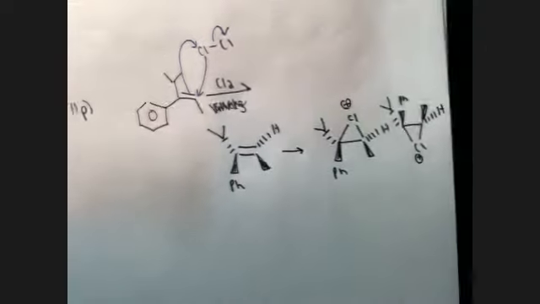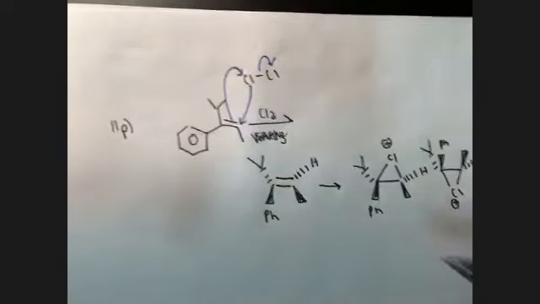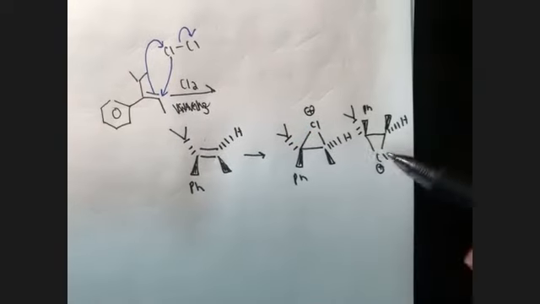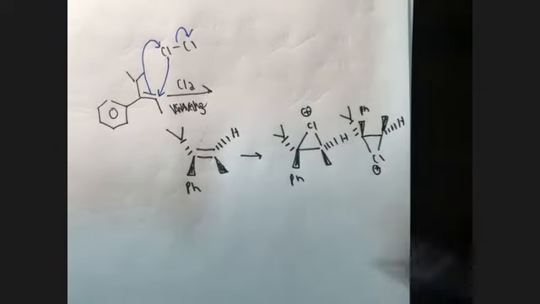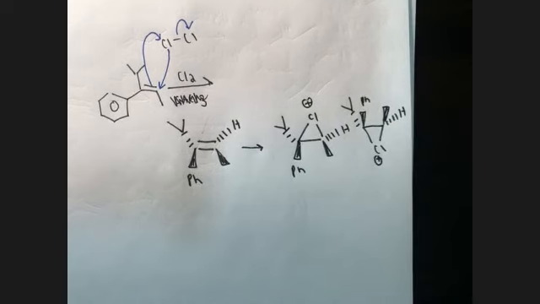So does everybody follow my two intermediates so far? All I did was take this structure, rotate it, and then show that the chlorine can approach on the top of that pi bond or the bottom of that pi bond. And that's what we're seeing here. How do you know where the electrons go back to form chlorine?